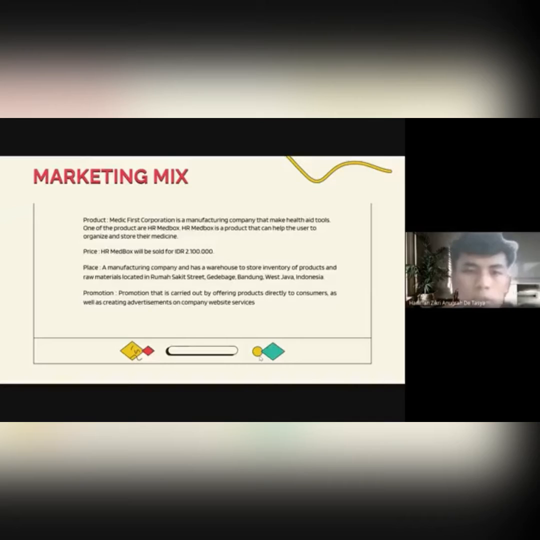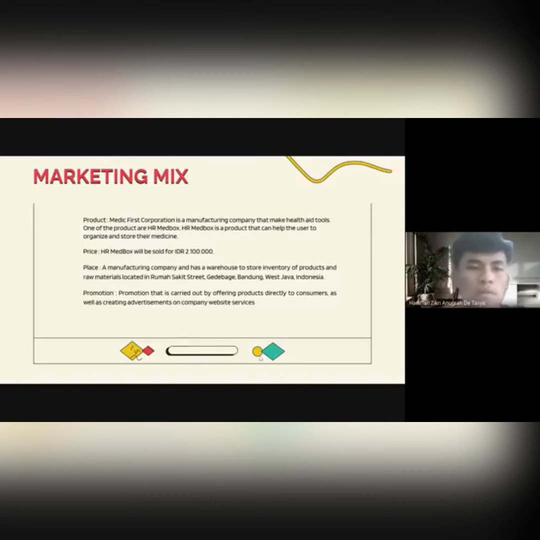Next is marketing mix. For the product, Medic First Corporation is a manufacturing company that makes health aid tools. One of the products is HR Medbox. HR Medbox is a product that can help the user organize and store their medicine. For the price, it will be sold for 2,100,000 rupiah.